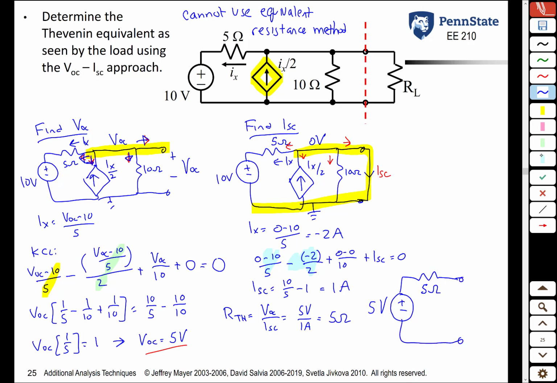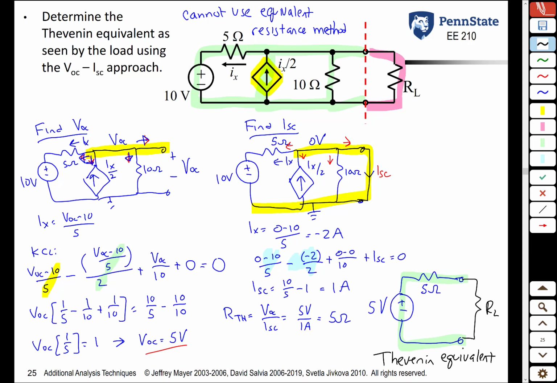What we're saying then is this complicated circuit here and the simplified circuit here are equivalent as far as that load resistor is concerned, RL. Whatever you put in on the right there, it doesn't know the difference between the big circuit on the top and the simplified circuit on the bottom, our Thevenin equivalent.